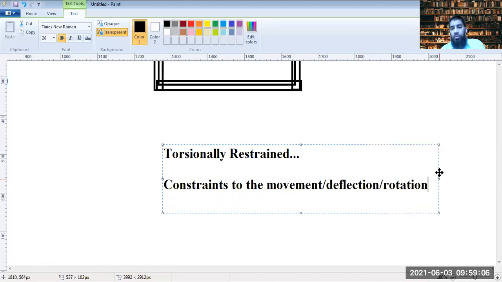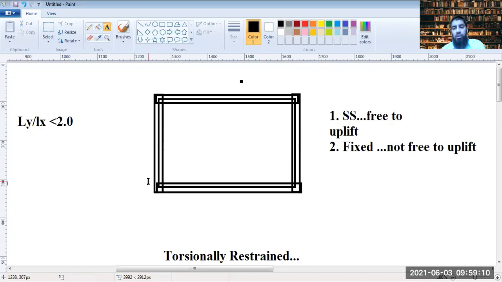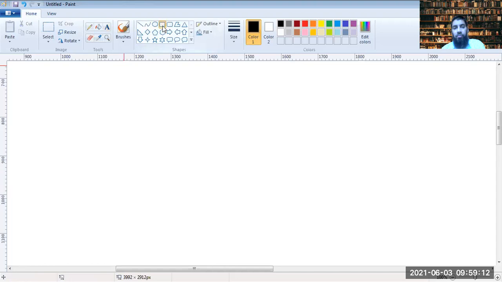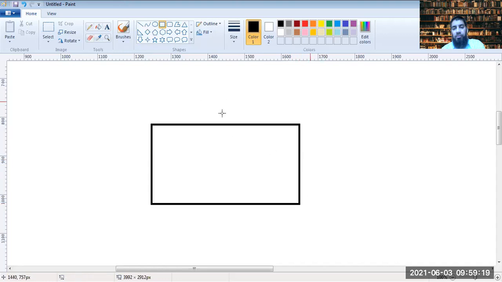What are the constraints in a slab? Now, if this is a slab, and it has got a wall above it, there is a wall above the slab, then similarly on all the four edges there are walls above it.